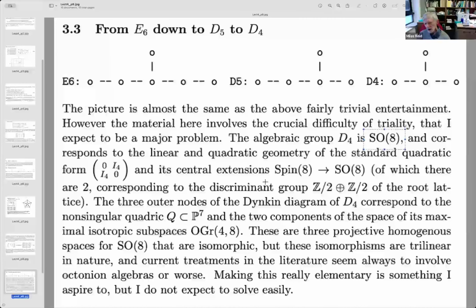So, if you take D4, then it's a lattice, and when you take the root lattice of D4, it's a positive definite rank 4 matrix, and it has a dual matrix, the matrix of linear forms.